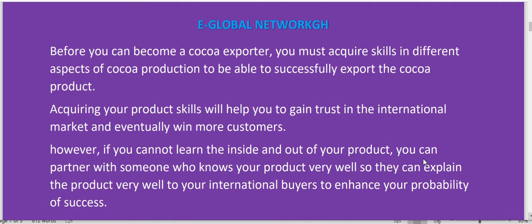And one mistake that most small scale agri exporters make is that they send quality samples of their product to their buyers, but when it comes to the real product that they have to send, then they send inferior products.